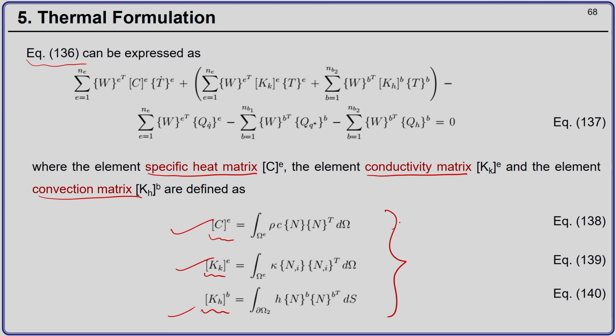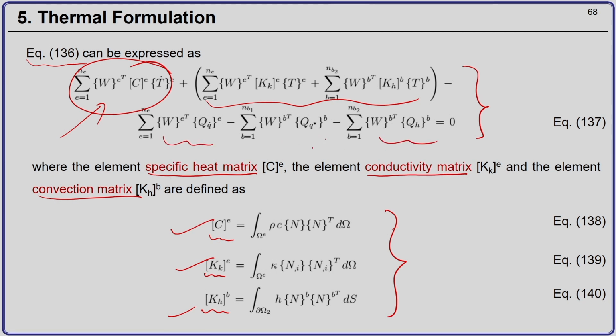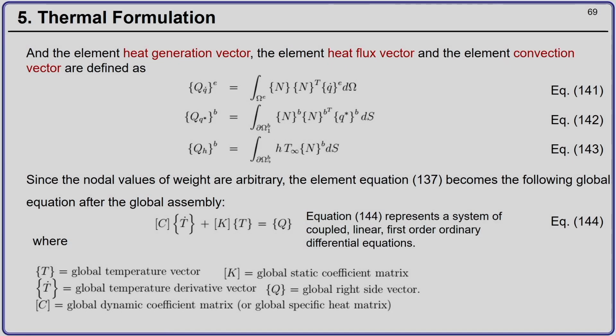If you use this in equation 136, you will get equation 137: a summation over all the elements of the specific heat matrix term, the conductivity matrix term, the convection matrix term, and finally the heat generation vector, the heat flux vector and the elemental convection vector, which are defined using equations 141 to 143.